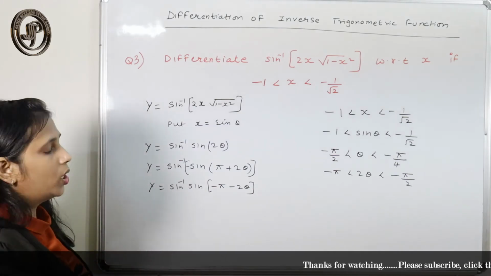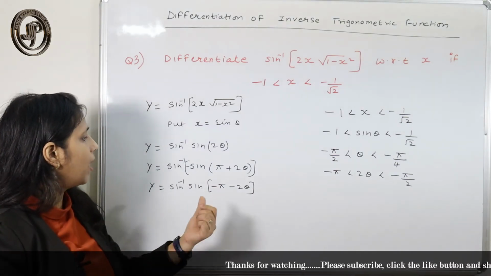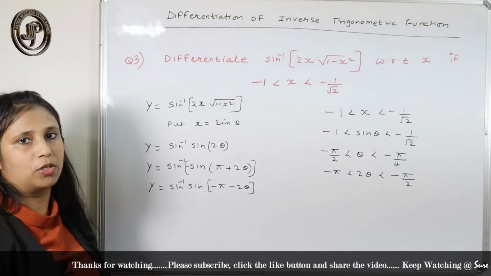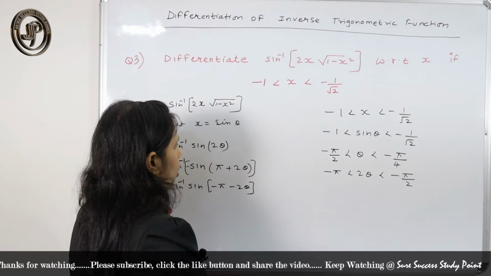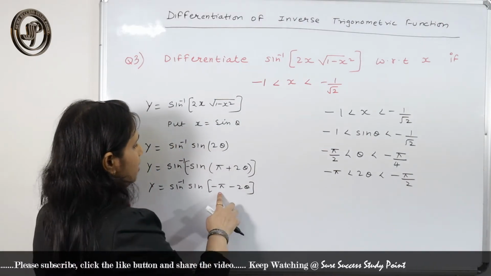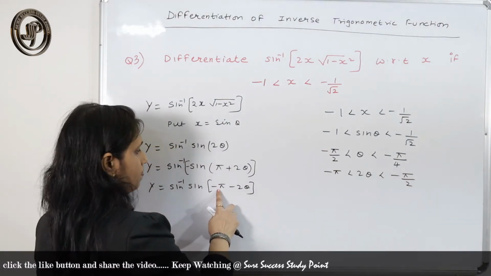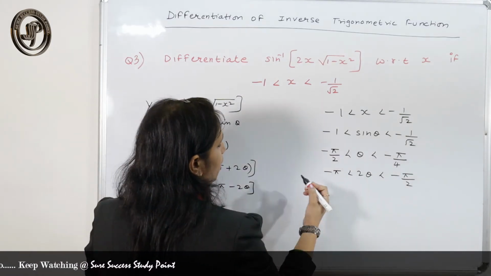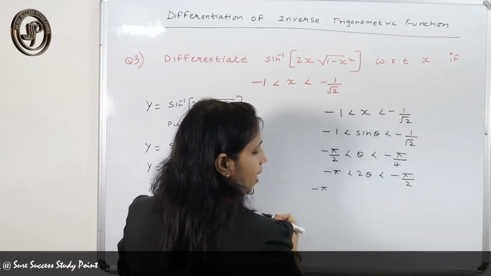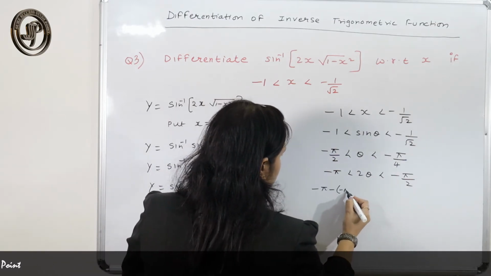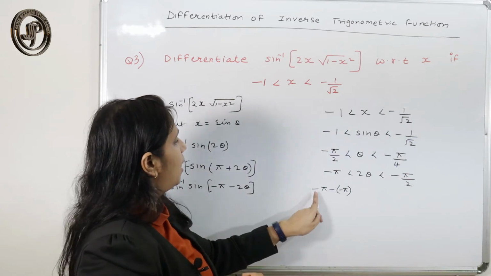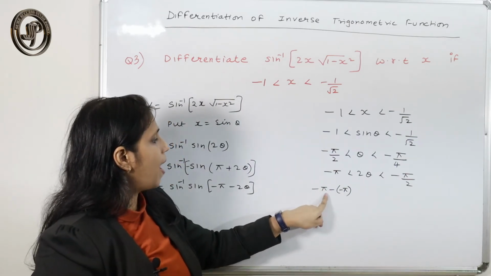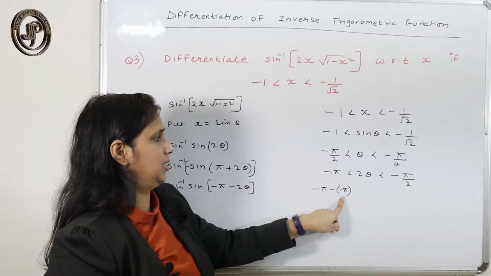Now check whether the range of minus pi minus 2 theta comes between minus pi by 2 to pi by 2 or not. So how can we do this? Minus pi, we have to add minus pi minus, so here I have to write minus pi and minus that value. That is the additional thing that I have to add, minus pi minus, and then this thing.